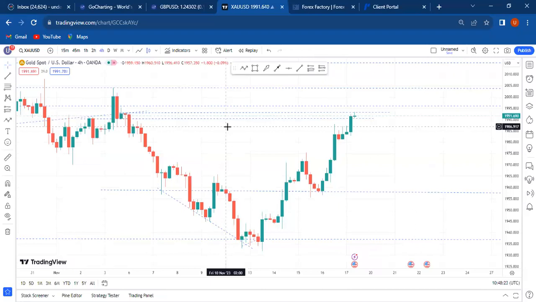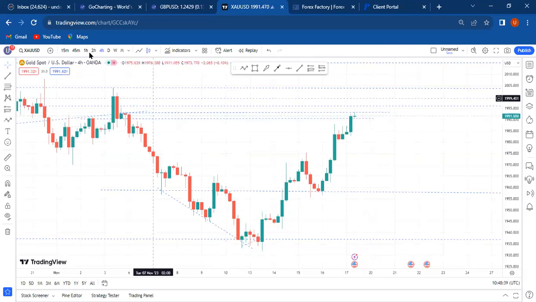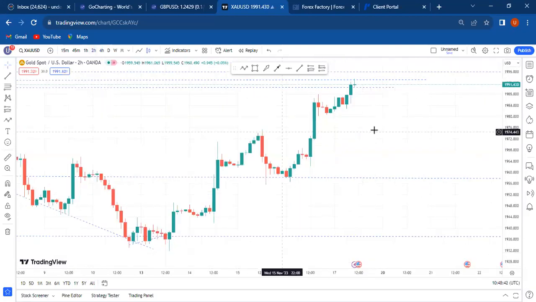I mean, 20% analysis, 80% patience, right? So we need to allow gold to tell you what it wants to do. Because here we are having a whole lot of resistance, 1, 2, 3, 4. So you can tap here, break, do everything it wants to do. And don't be surprised that gold might literally range till the end of today.